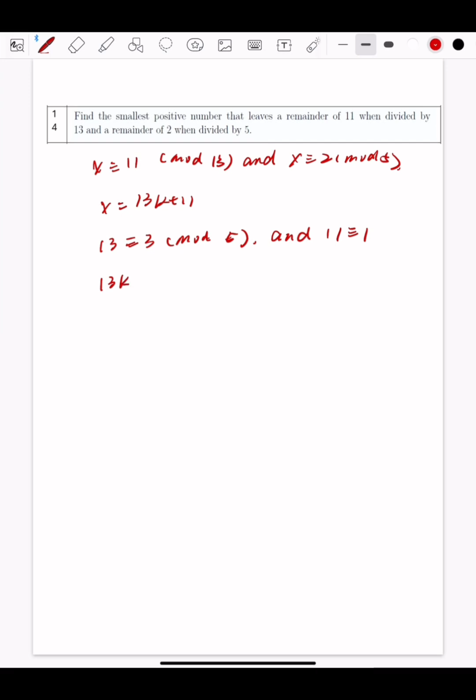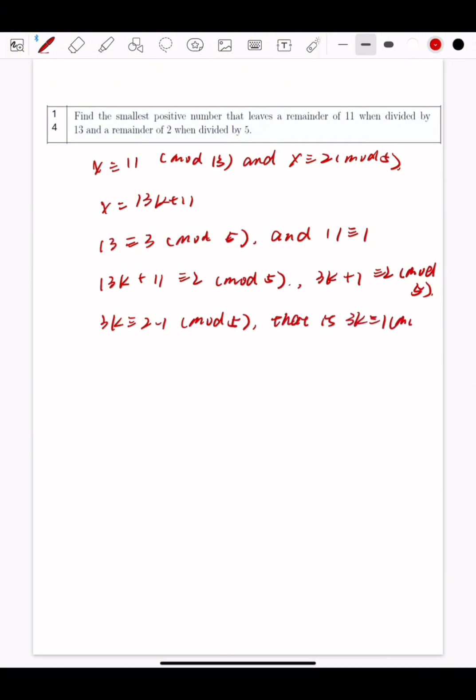So it becomes, now, and also we need to find the m, another letter for m.